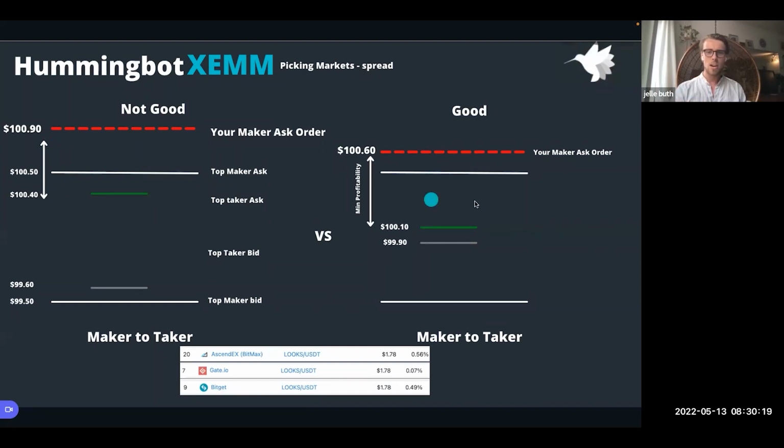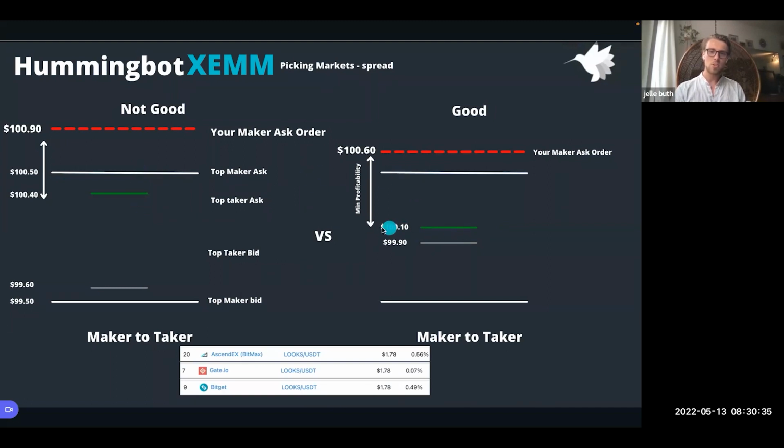But let's say you have a more liquid exchange, an exchange with a tighter spread, which could be Gate.io, for example. It will observe at what price can I buy the asset at instantaneously. And that's at this price, which is way lower than the price here. And we have the same maker spread in this case.